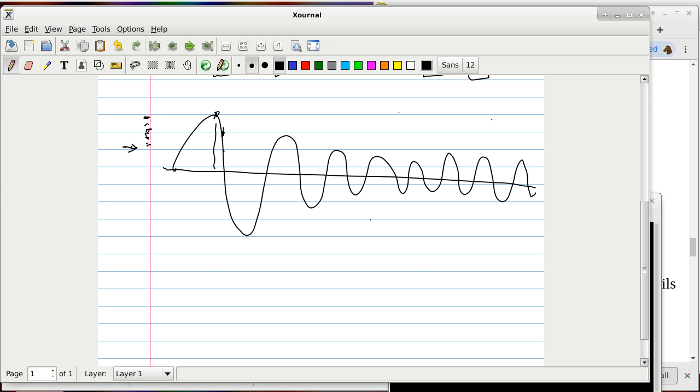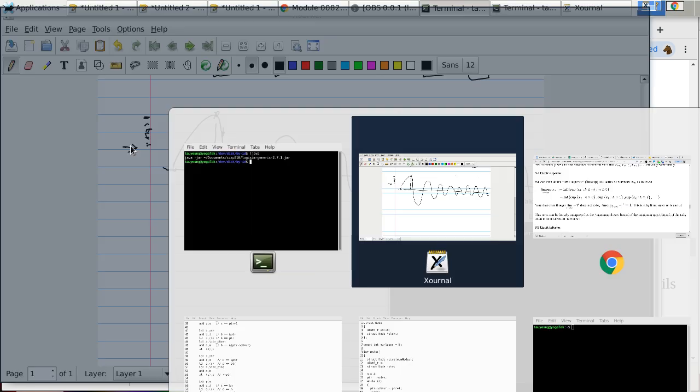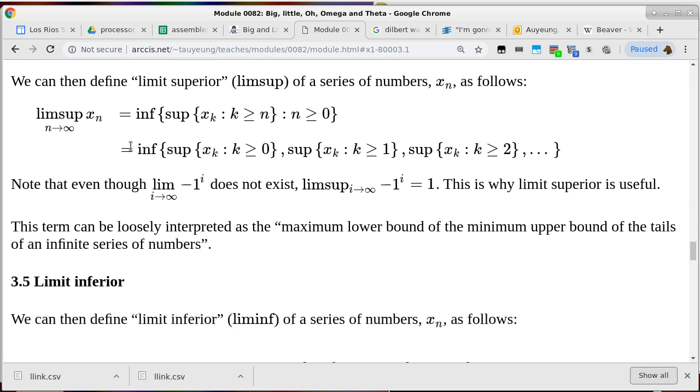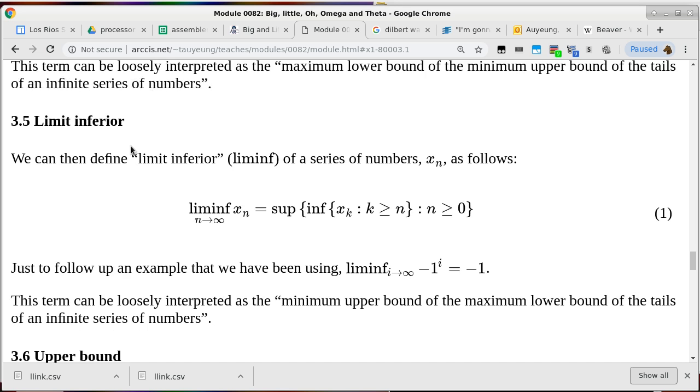So according to this picture, what do you think is going to be the limit inferior? We just talked about the limit superior. And what about the limit inferior? It's defined exactly the opposite. So when you look at limit inferior, scroll down, it's exactly the opposite of limit superior.